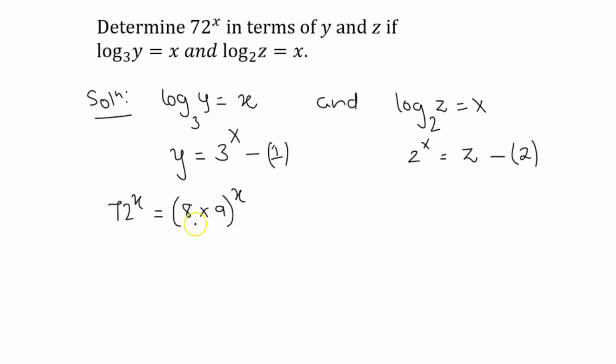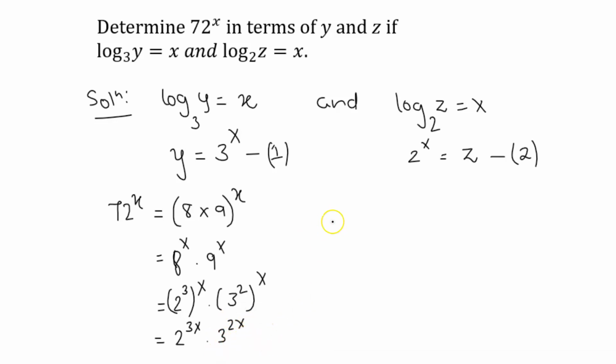There's a reason why I've taken this particular case. Now this can be written as 8 raised to the power of x times 9 raised to the power of x. This is the law of indices. Now 8 is simply 2 cubed, whole raised to the power of x, and 9 will be 3 squared, whole raised to the power of x. So this is 2 raised to the power of 3x times 3 raised to the power of 2x.